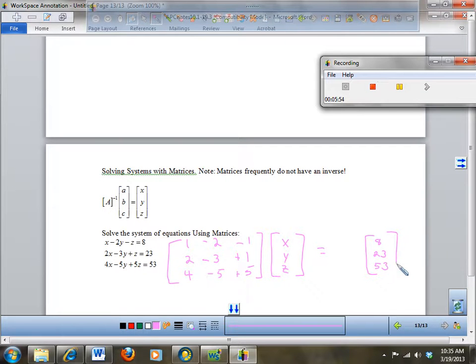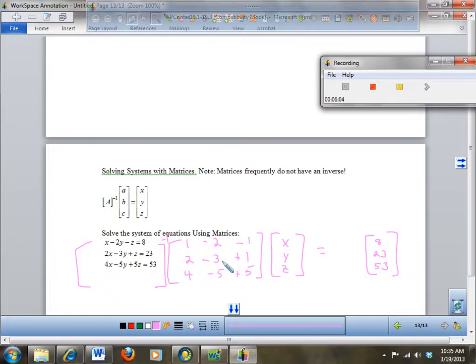The reason this works is that if I multiply by the inverse matrix, basically what you're doing is multiplying by 1. You get the identity matrix, which is zeros and ones: 1, 0, 0, 0, 1, 0, 0, 0, 1.